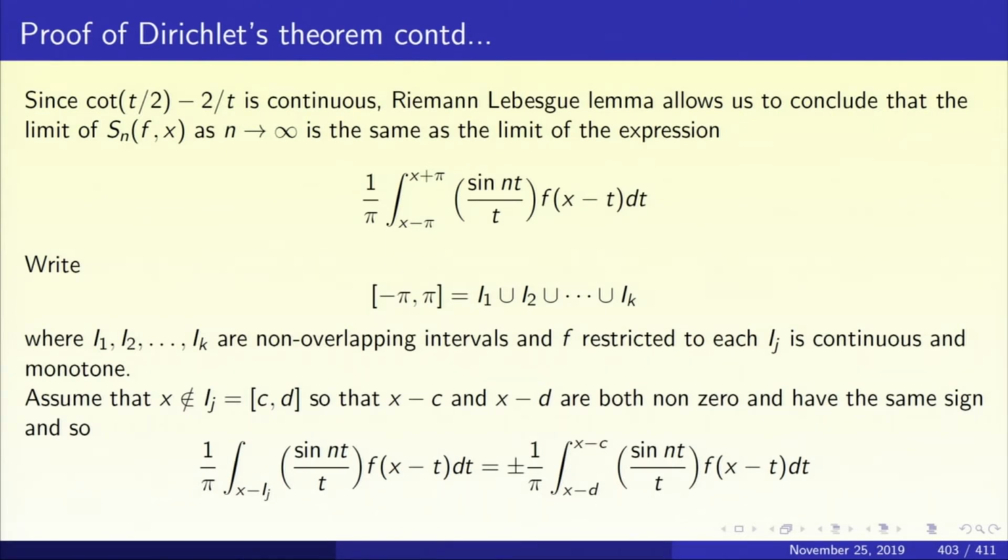That's plus or minus depending on whether x minus c and x minus d are both positive or both negative. I am clubbing them by putting a plus minus 1 upon pi integral x minus d to x minus c sin nt by t f of x minus t dt. Now the thing is obvious, we must put nt equal to u, and then we will get sin u by u du f of x minus u upon n.